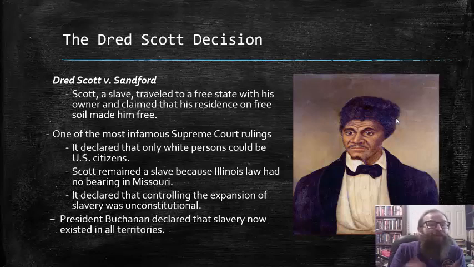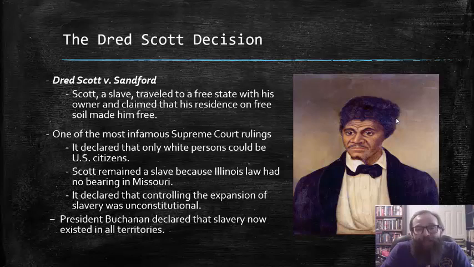They also ruled that Scott remained a slave because Illinois law, which was the territory that Dred Scott briefly resided in, had no bearing in Missouri, which was the state that Dred Scott originally was from.